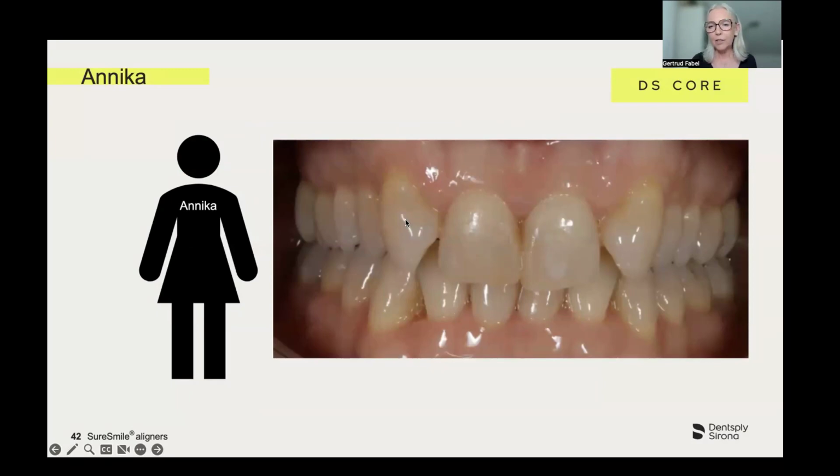I can only imagine that she was not amused, and it was kind of a painful treatment. Well, not only that, she had a second treatment while in her 30s, and it was an aligner treatment of a different company.